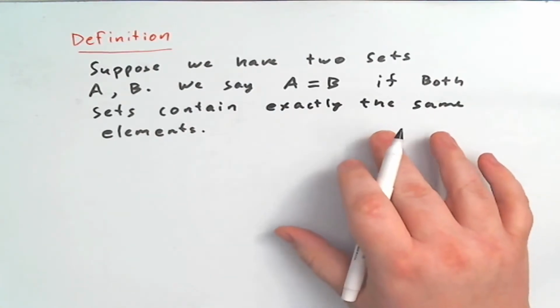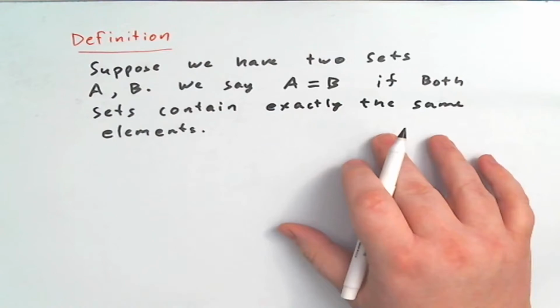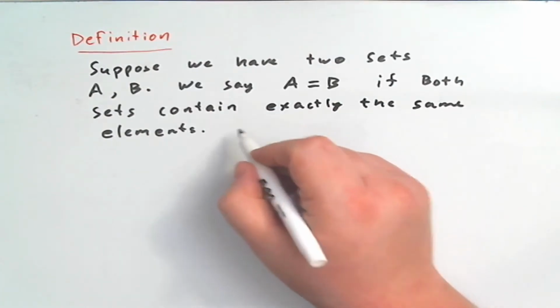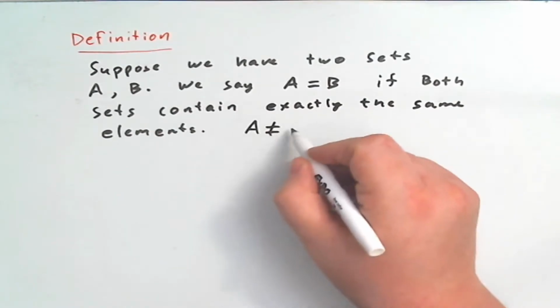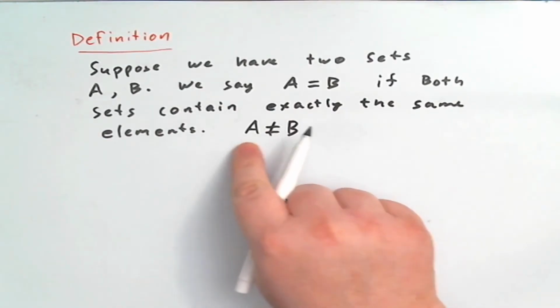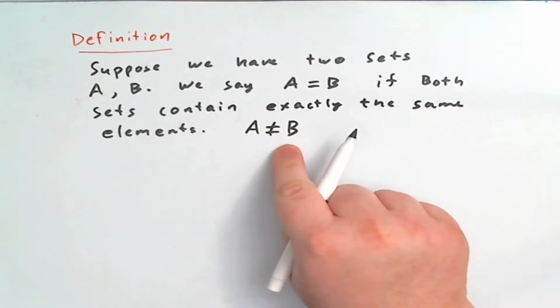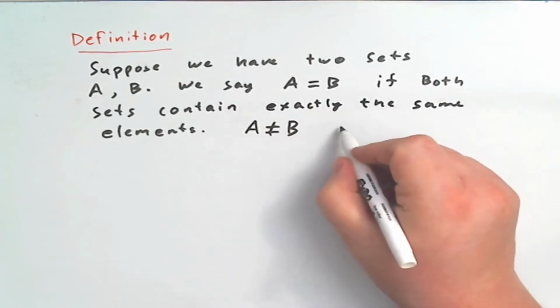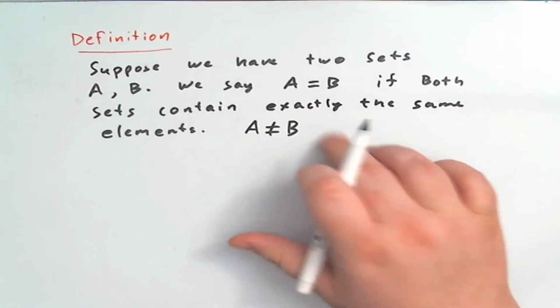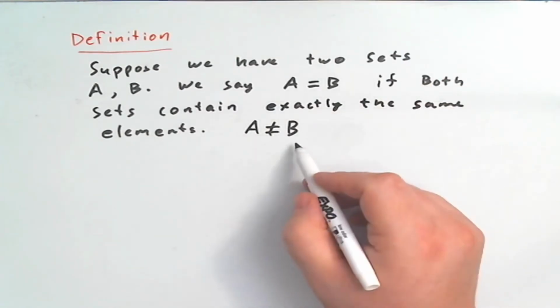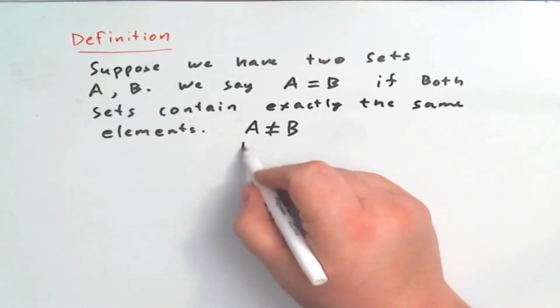If the sets are not equal, well then, of course, it's very intuitive how we notate that. A not equal to B, that's how this is read. So these are not equal. Of course, this is the converse or the contradiction of the statement.